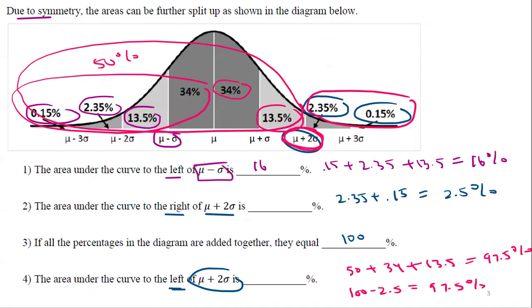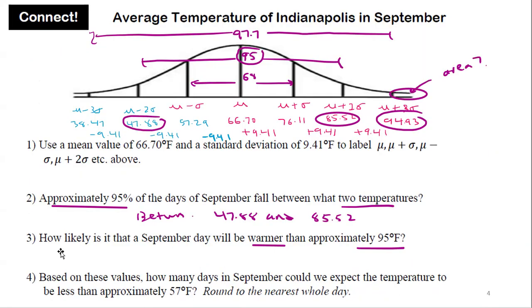So how likely is it that a September day will be warmer than 95 degrees Fahrenheit? Well, it's very unlikely. It's less than 0.15%.